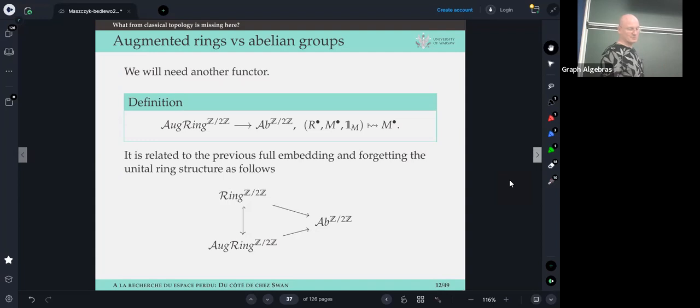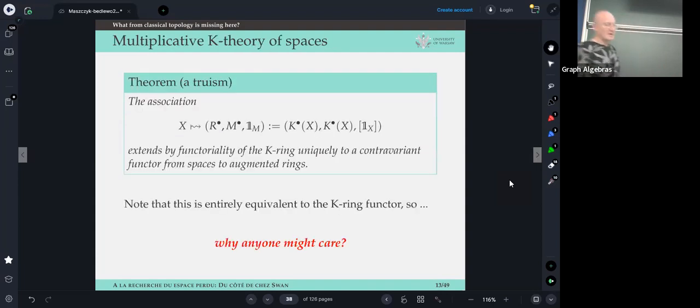Everything works as it should be. And then, if we have, let's say, a compact space, then with every compact space we can associate a triple consisting of K theory, its copy when you forget about multiplication but remember the module structure over itself, and equipped with a distinguished element, which is the class of the one-dimensional trivial module over the algebra of continuous functions.